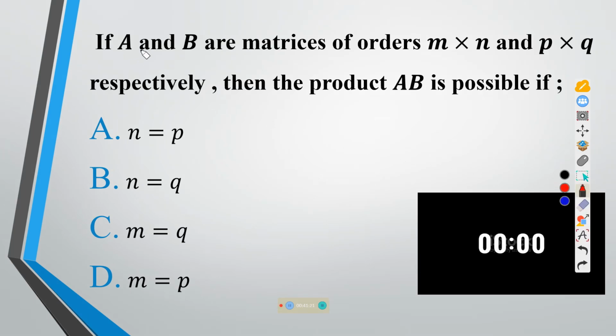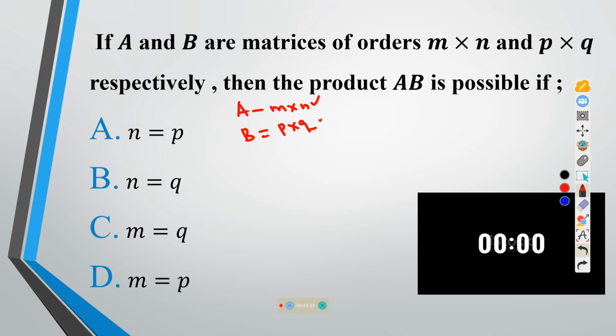We are given that A and B are matrices of orders. A is of order m by n, and B is P by Q respectively.